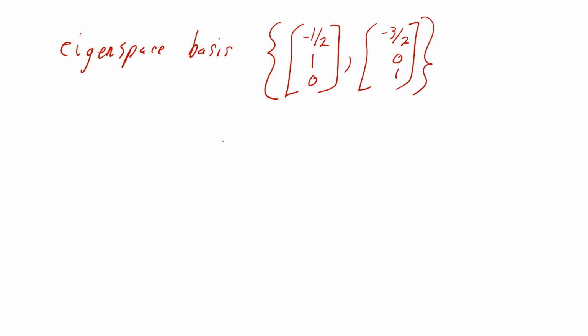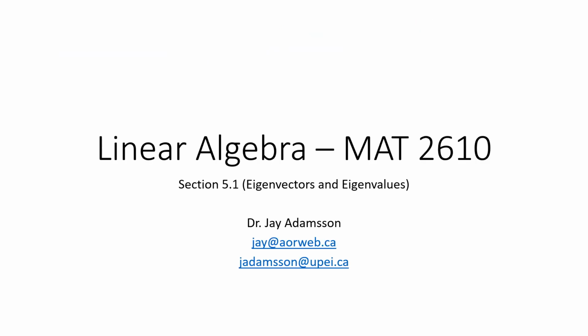The same way that we find a basis for our null spaces. So there's an introduction to eigenvalues and eigenvectors. We're going to be next looking at these in a little bit more detail.